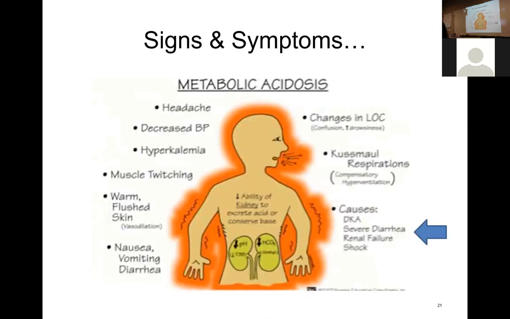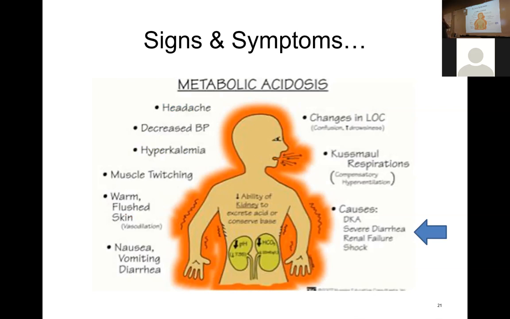Signs and symptoms of metabolic acidosis. I like pictures, so I've got some pictures on here. Headache, these are some of the signs and symptoms your patient might have. Decreased blood pressure, hyperkalemia. We were just talking about how when your kidneys are messed up, you have too high potassium, too low.